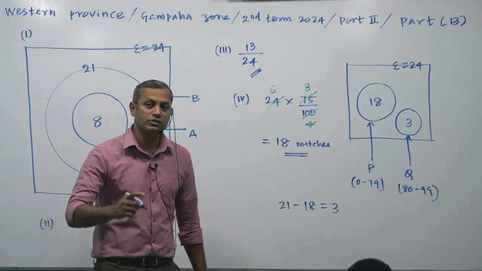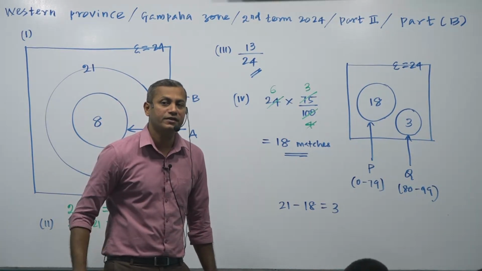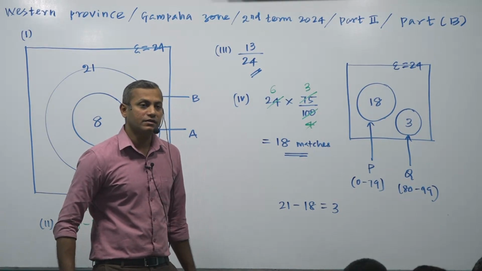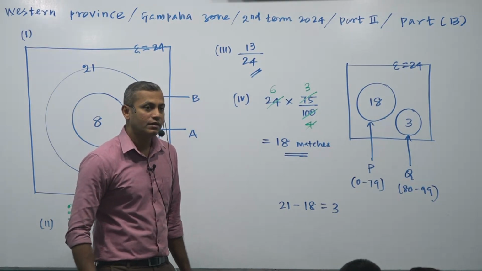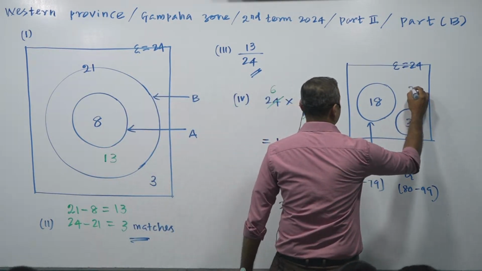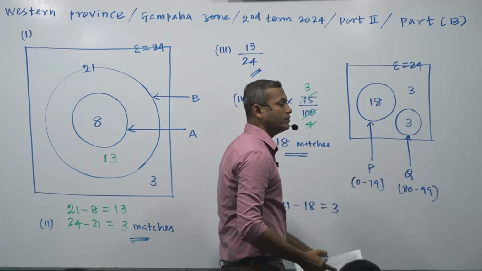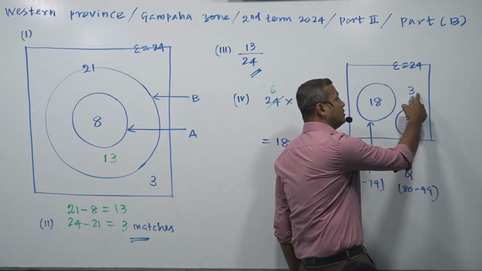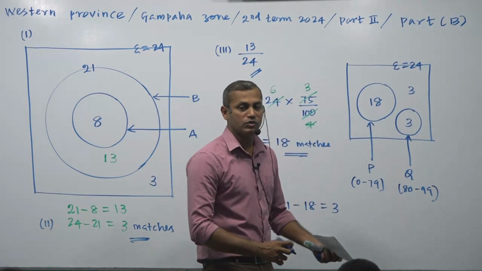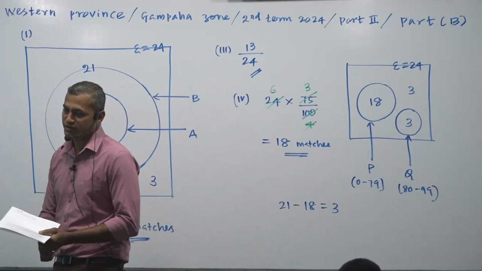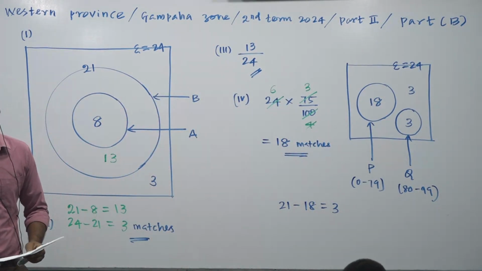Okay. Those who have scored 100 or more, how many are there? Again 3. Where should it be? Outside the circles, you write another 3. This is the number of matches he has scored 100 or more. That's how you complete the Venn diagram. Understood?